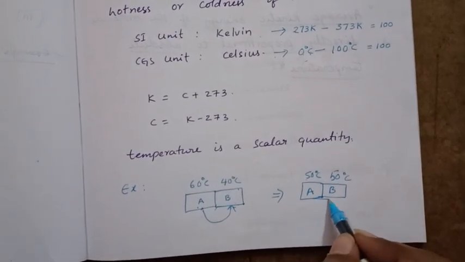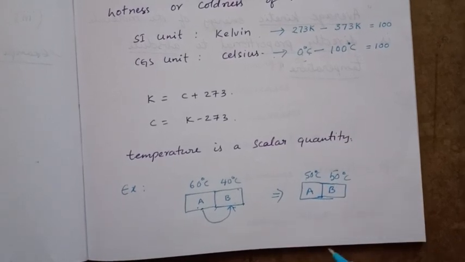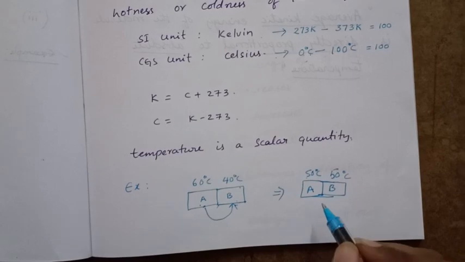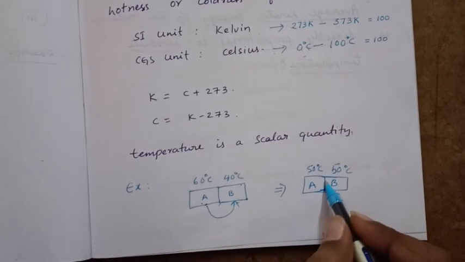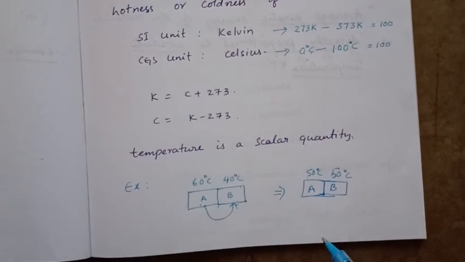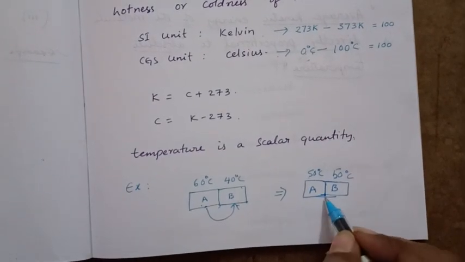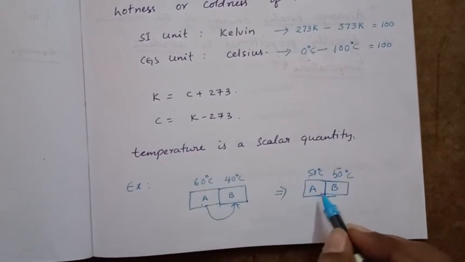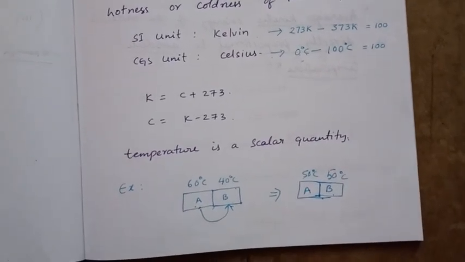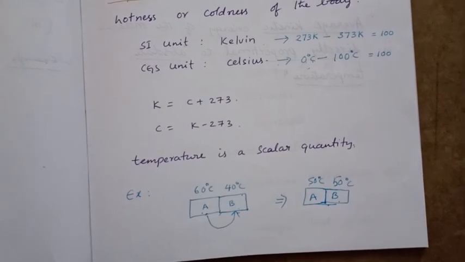Both have the same temperature, so we can't say which is hotter and which is colder. So there is no transfer of heat. This situation, when both bodies attain the same temperature, is known as thermal equilibrium.